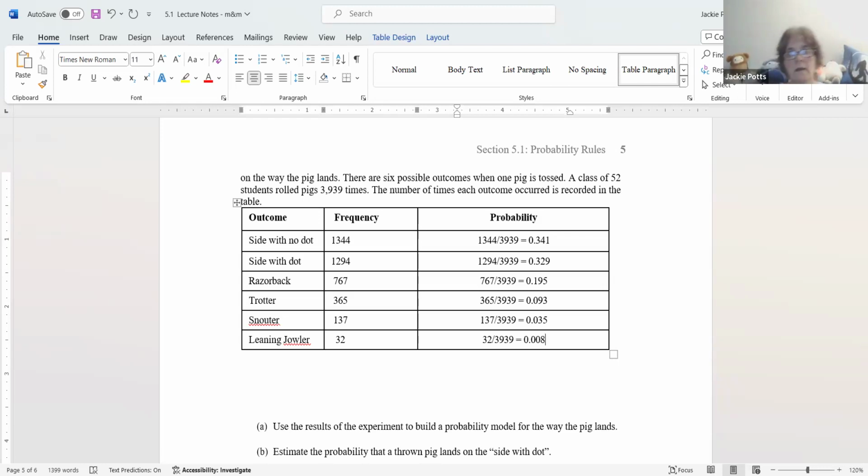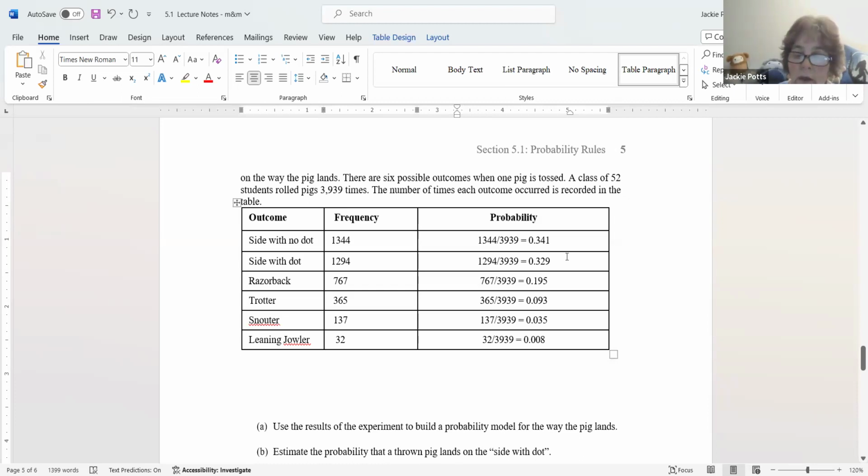And again, what do we have to do? All I did was all this division. 0.31, 0.341, 0.329, 0.195, 0.093, 0.035, and 0.008. Again, I came up with 1.001.